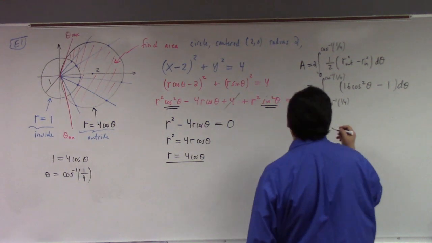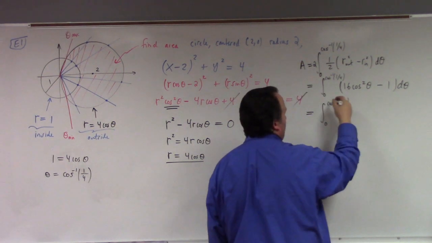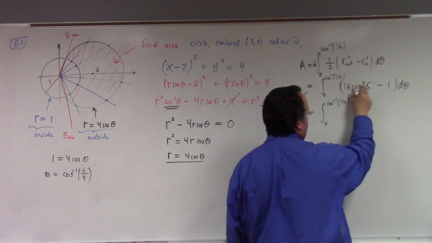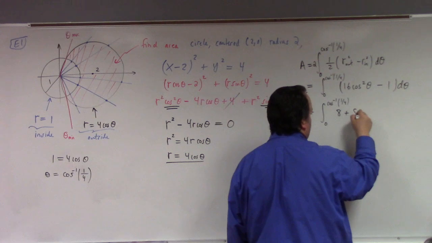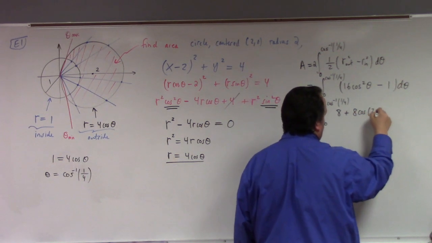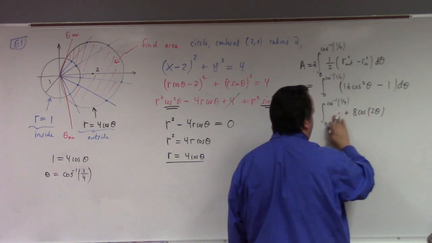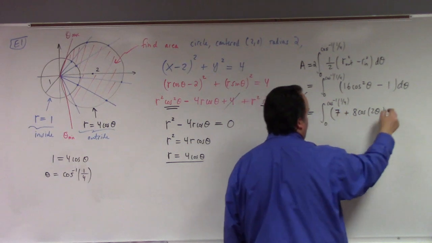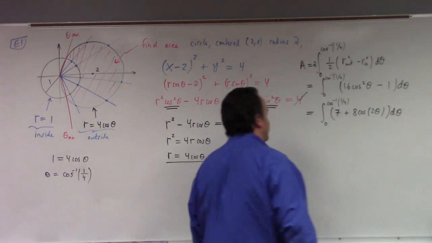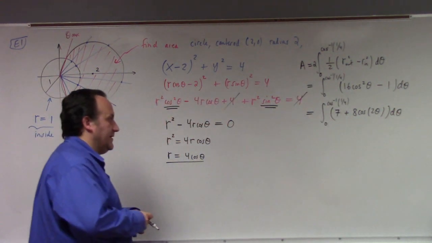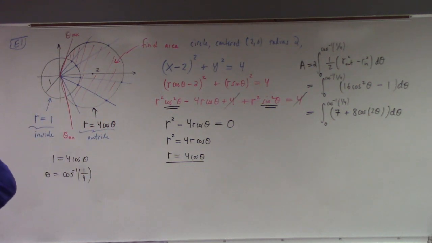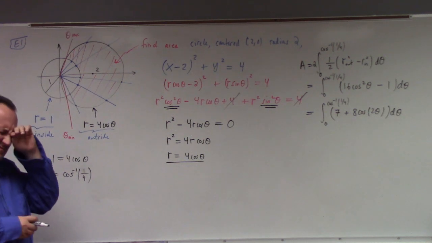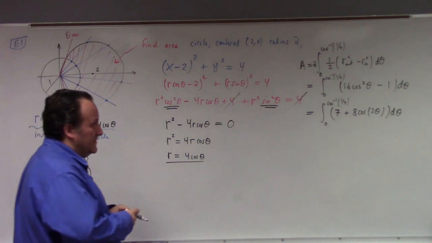Why didn't I use theta max, dummy? 16 cosine squared is actually 8 plus 8 cosine 2 theta, right? So 8 minus 1 gives me a 7, because cosine squared is 1/2 of 1 plus cosine 2 theta. So 16 over 2 is 8, and then the 8 minus 1 is 7.